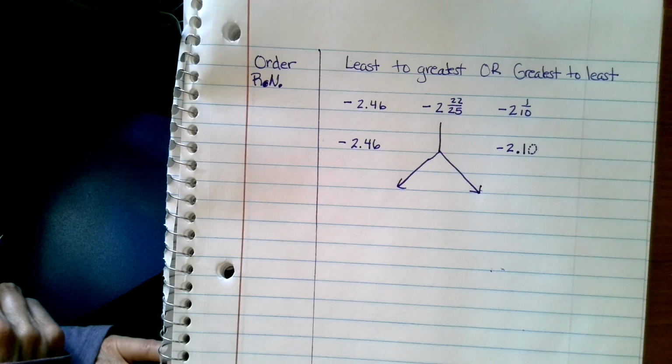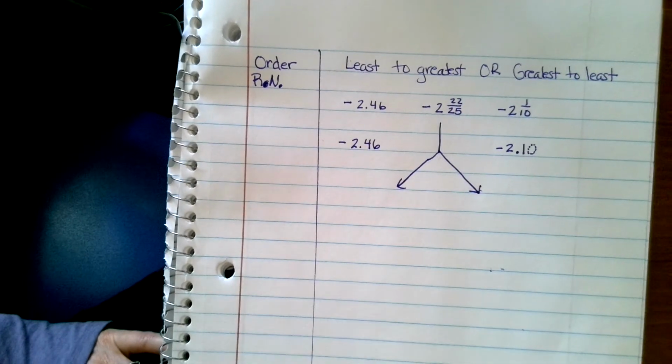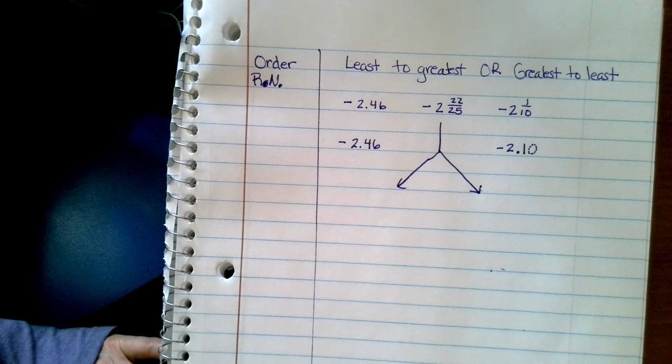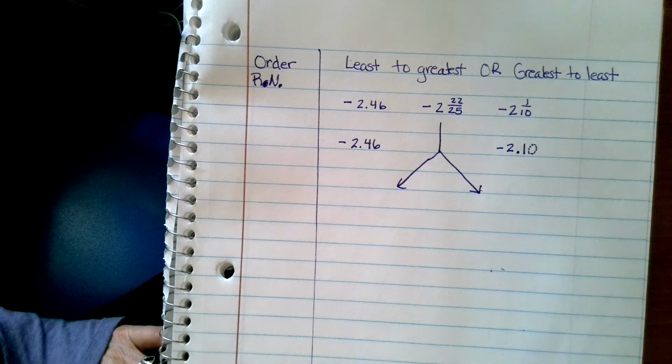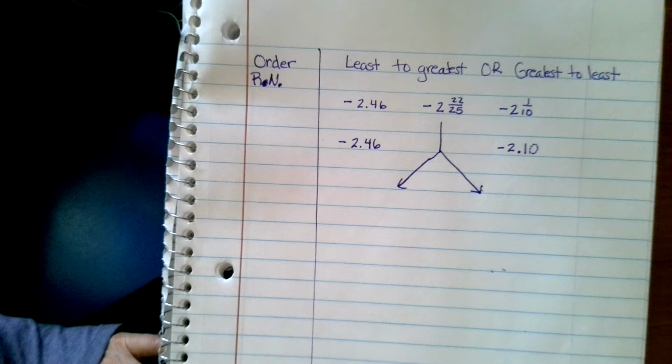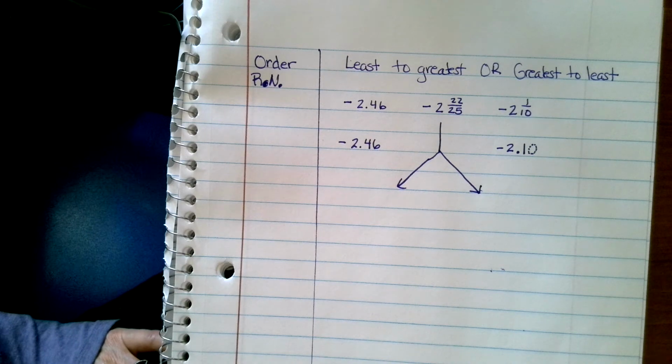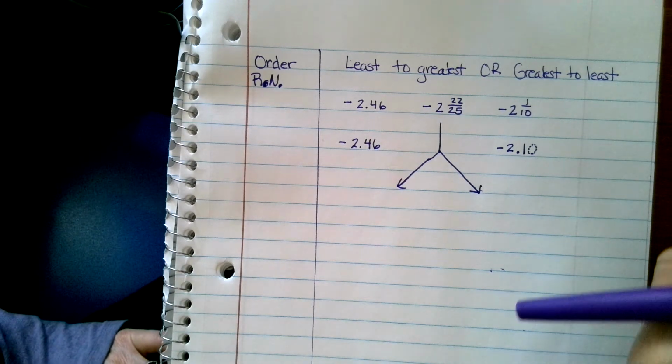And I'm going to pause the video here and get my writing done, and I would like you to pick one way and try it. You can keep the whole number and just deal with the fraction and turn that into a decimal, or you can turn the whole thing into an improper fraction and then divide.